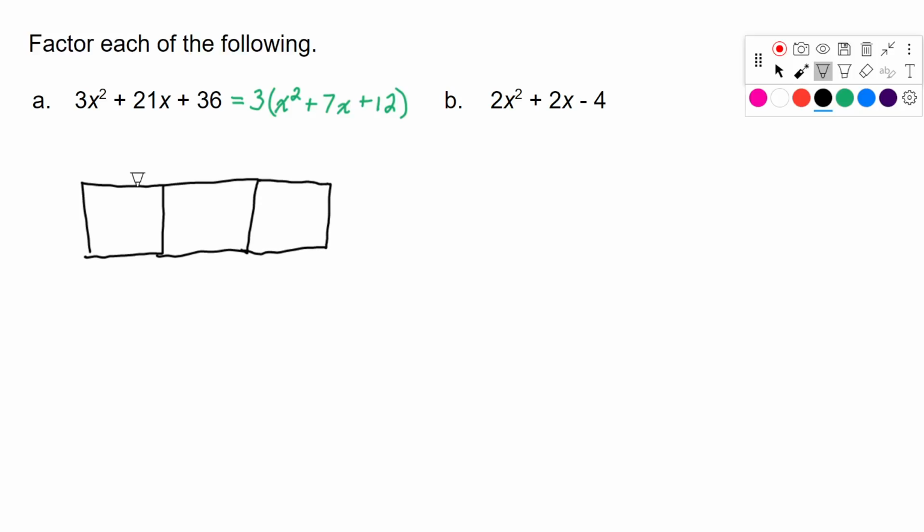And they're each going to have an x squared. They're each going to have 12 units.